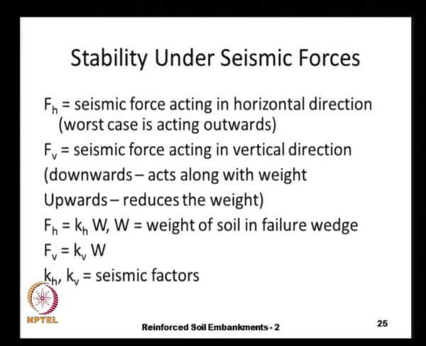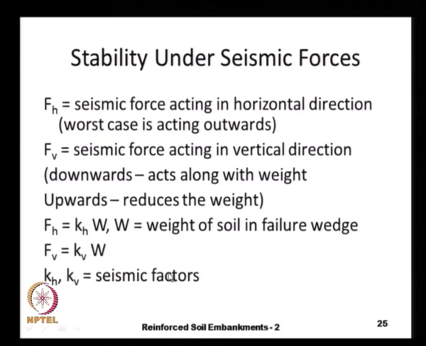So, it reduces not only the normal force, but also the shear force. Fh can be written as some factor Kh times W, where W is the weight of the soil within the failure wedge, and Fv is Kv times W, where Kh and Kv are the seismic factors.